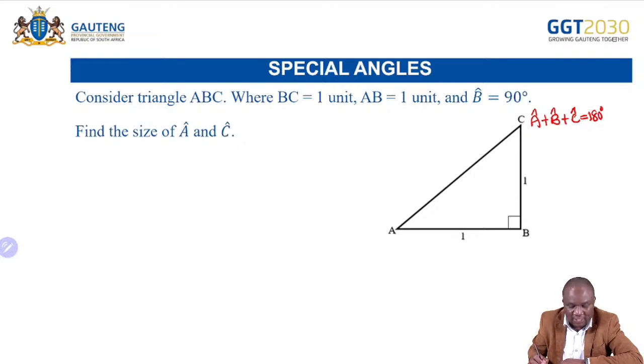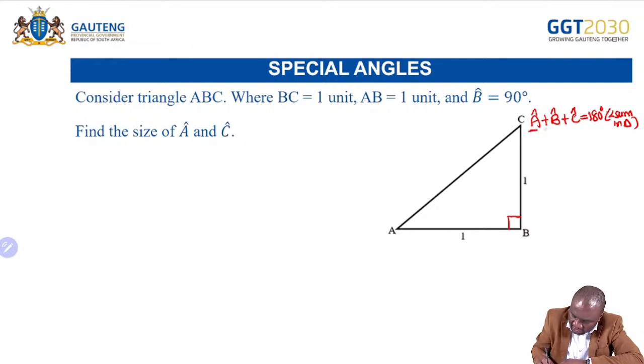Let's not forget our reason. So we say angle sum in triangle. If we add these angles, we must get 180 degrees. Angle B is 90 degrees, isn't it? It's 90 degrees because it's a right angle.